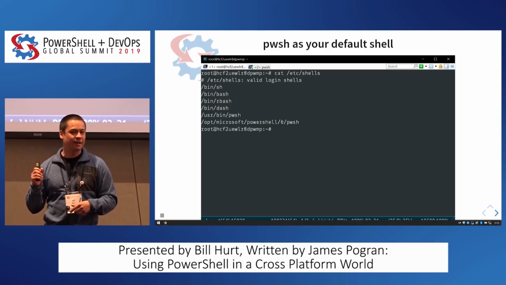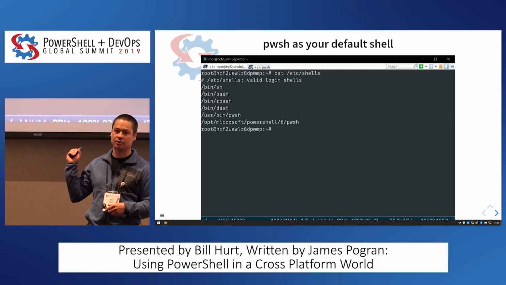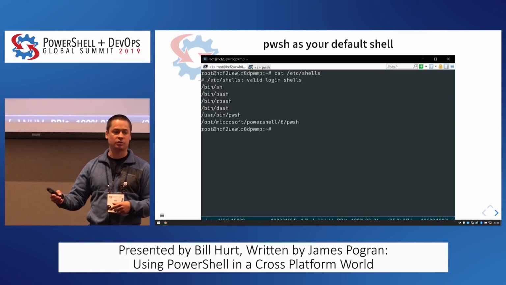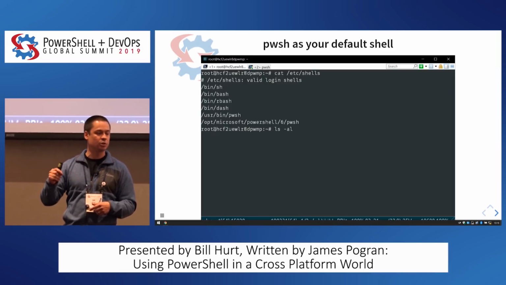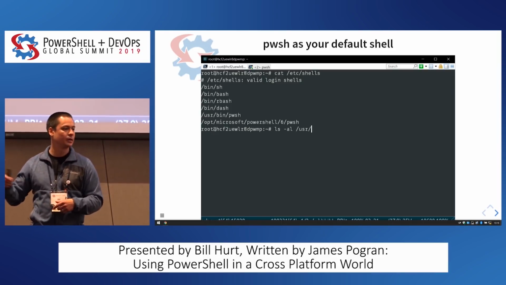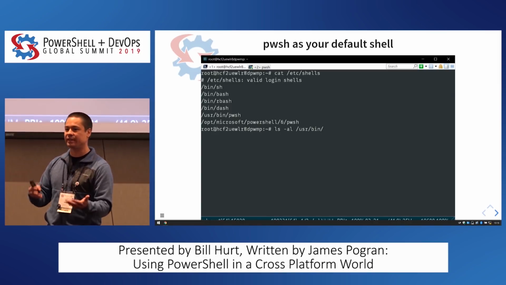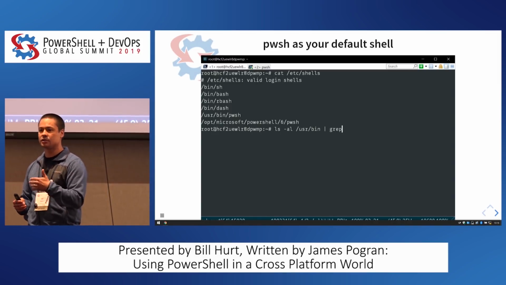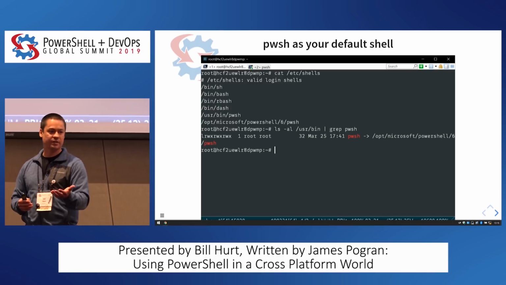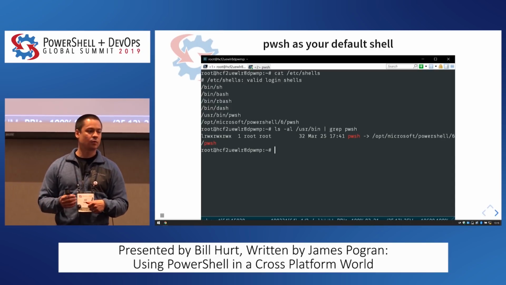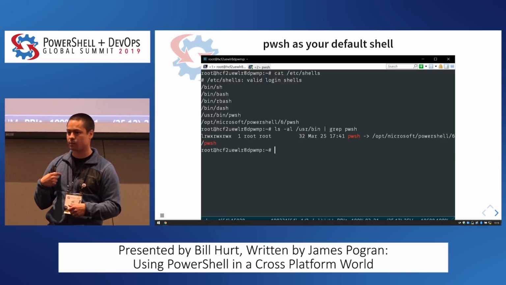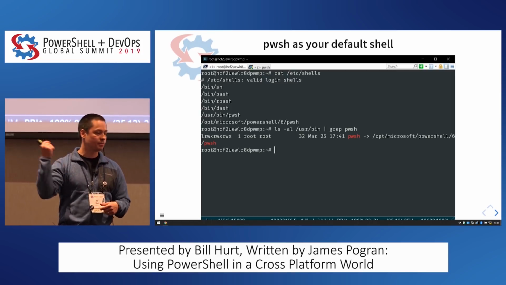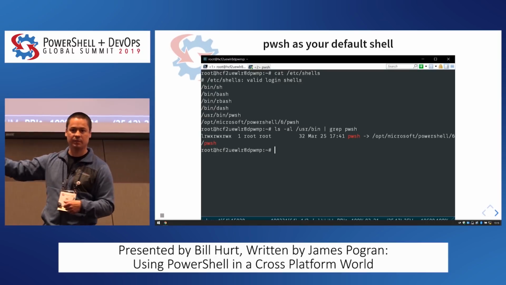But what you can see there is that I've got 2 copies of pwsh. And the question is, which one of those do I want to use? Well, if we look at the properties of the usr bin pwsh, what we'll see is that it's not actually there. It's just a symlink to the opt copy that Microsoft put there. So I'm going to change my default shell to the usr bin copy, the one that's symlinked.